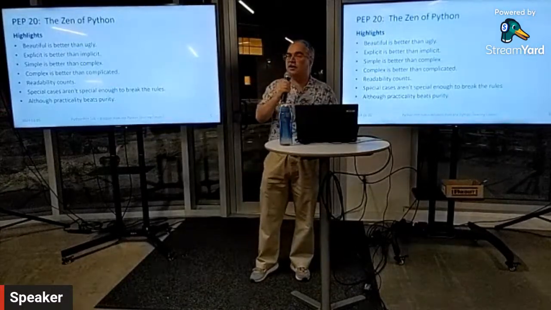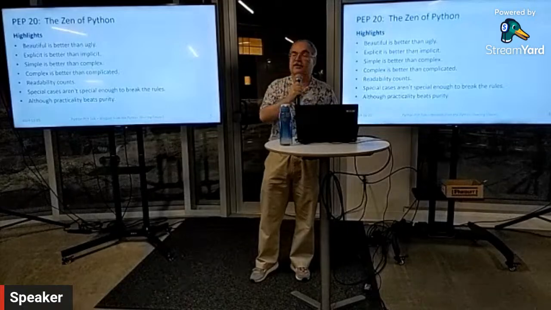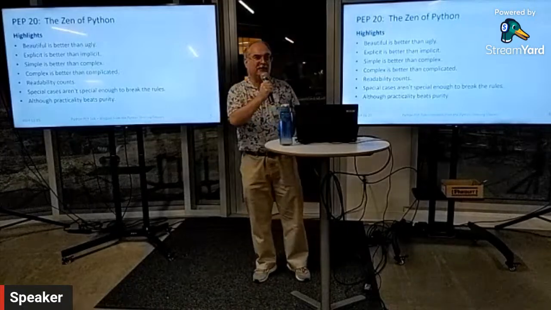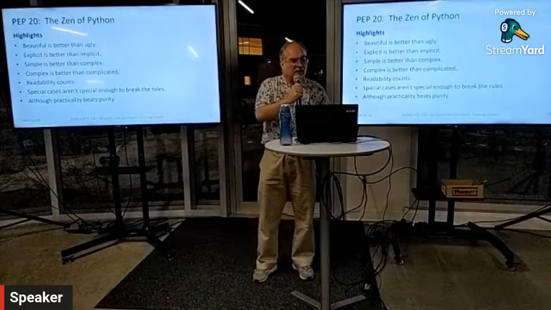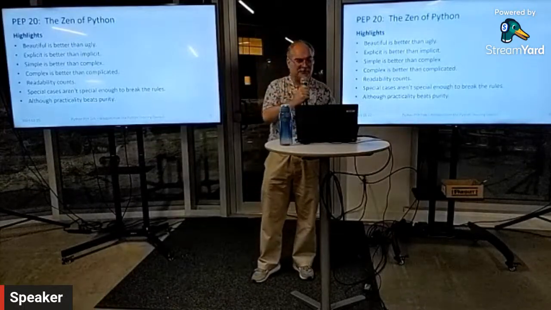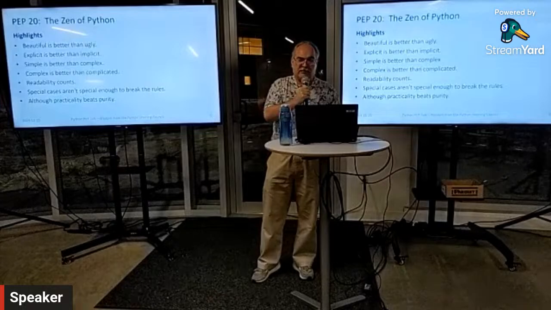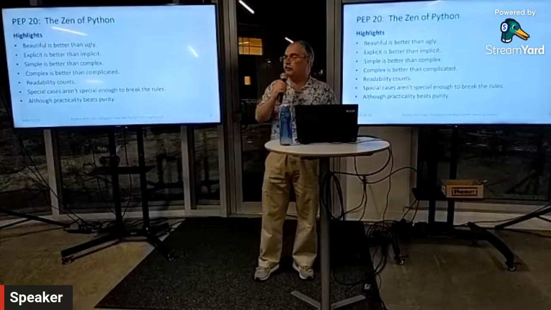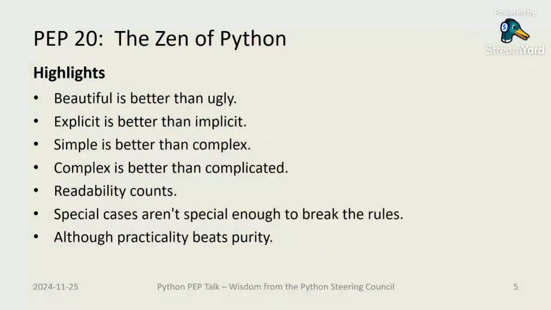Simple is better than complex, but complex is still better than complicated. Readability counts. And we'll get into that later on tonight. There are special cases, but they aren't special enough to break rules, although practicality beats purity.